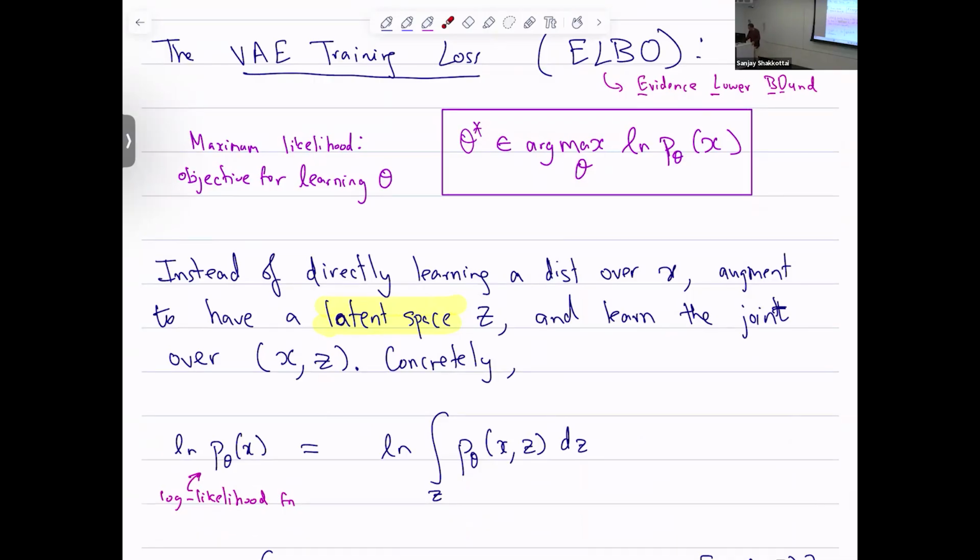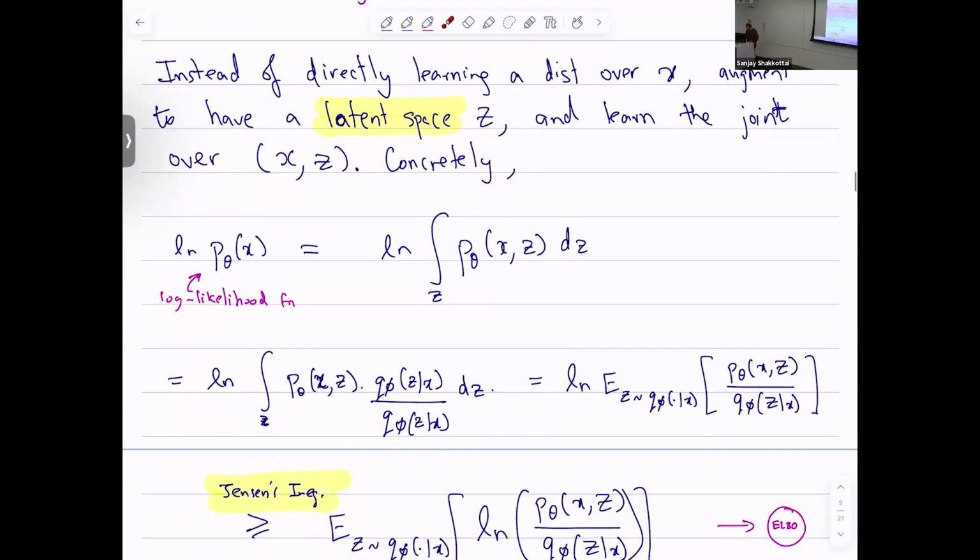So let's look at this joint space of x comma z, with the marginal of x being p star and the marginal of z being R. Then log p theta of x can be written as the marginalizing out of z of the joint p theta of x and z. Agreed? So we can write this as... I can multiply and divide by q phi of z given x.